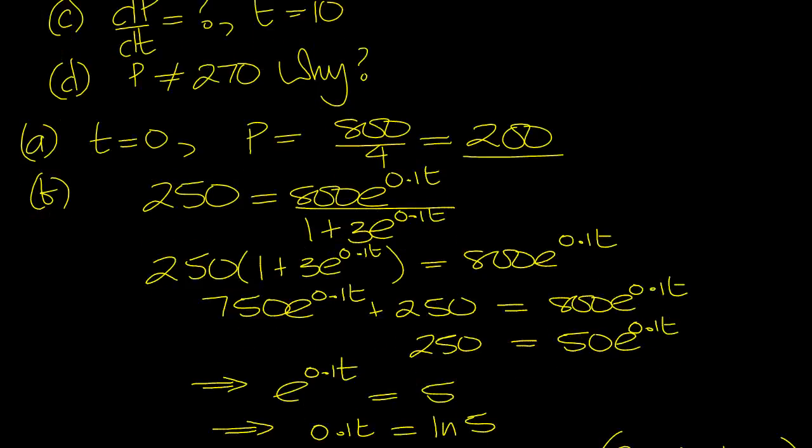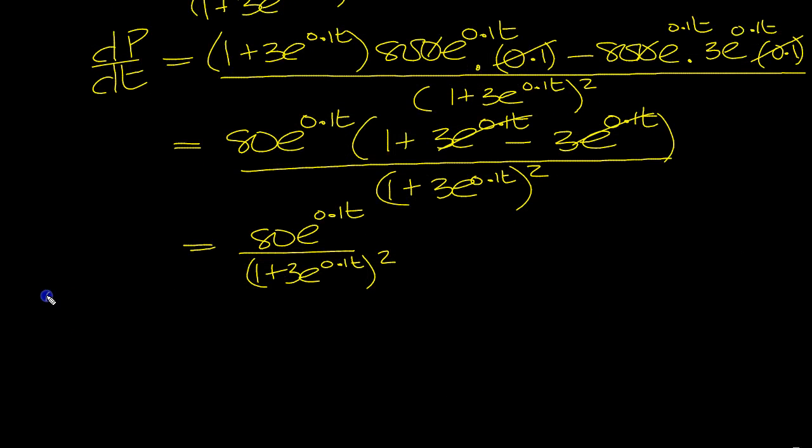So find dp dt when t is 10. T equals 10.